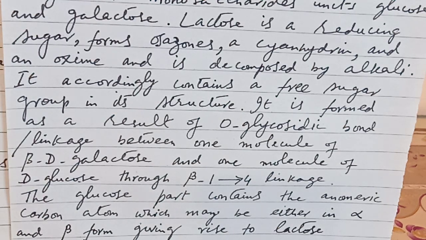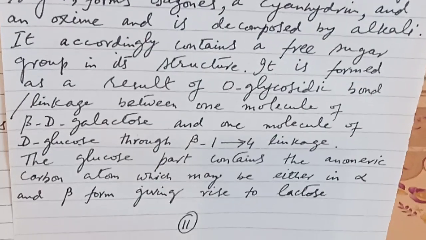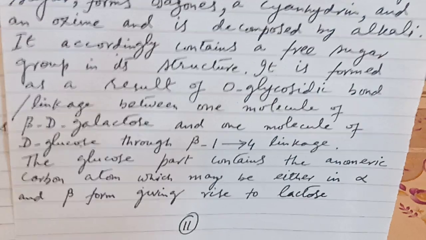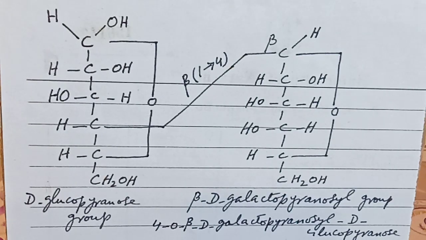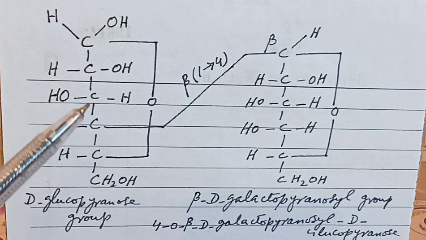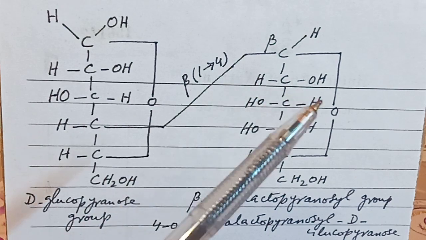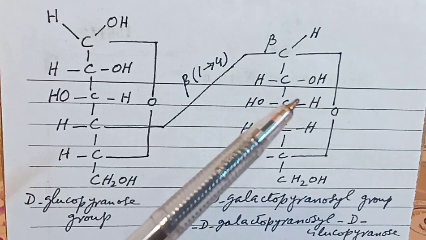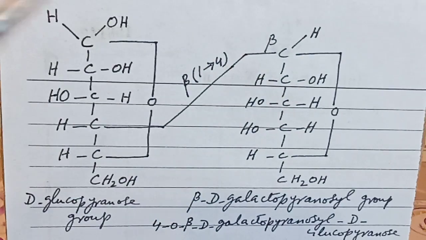So the glucose part becomes the anomeric carbon atom, which may be in either alpha or beta form, giving rise to lactose. Students, this is the linear representation of D-glucopyranose, and this is the linear representation of the beta D-galactopyranosyl group.